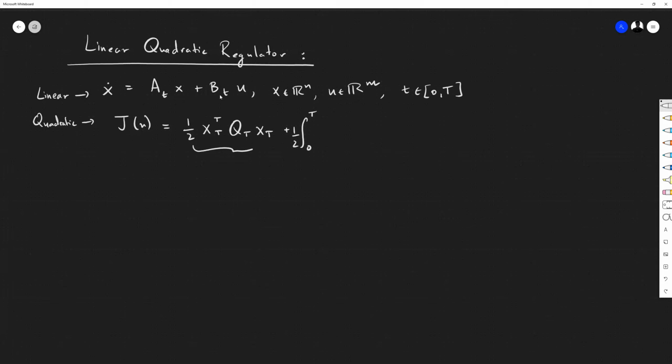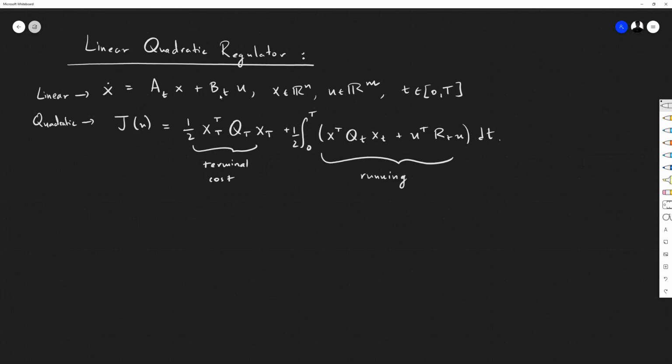So this is our terminal cost, because it's at the final time. And then we also have this running cost, which is also a quadratic in terms of x and u. There we go. Okay. So this is our terminal cost, and this is our running cost.